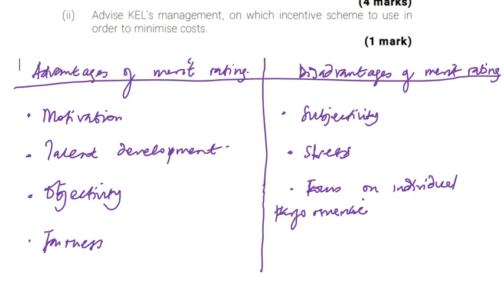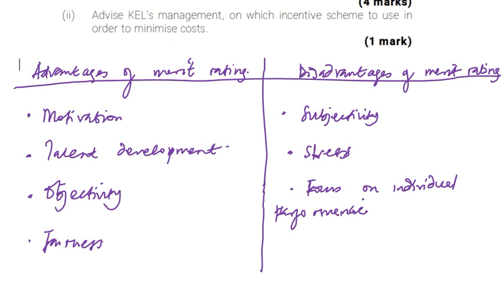Then what else can we look at? Okay, those are some of the possible disadvantages of merit rating. So it can be a useful tool for evaluating the performance of employees. It is important for organizations to address their limitations and use it in conjunction with other performance management strategies to create a balanced and fair evaluation process.